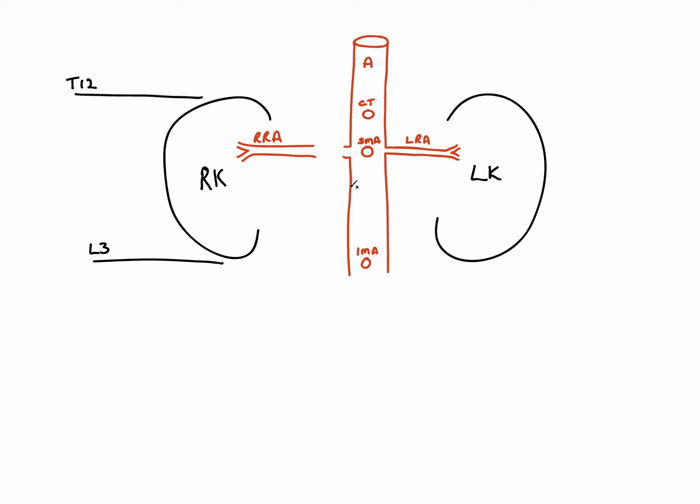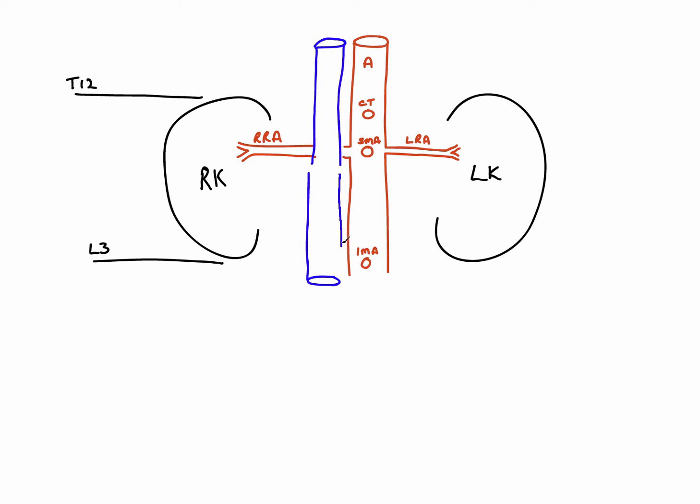Running to the right of the aorta, and always running to the right of the aorta through the abdomen, we have the inferior vena cava. Here we can see just a section of the inferior vena cava. Remember, it's formed by the union of the left and right common iliac veins.